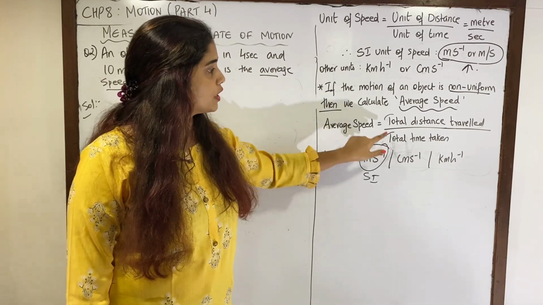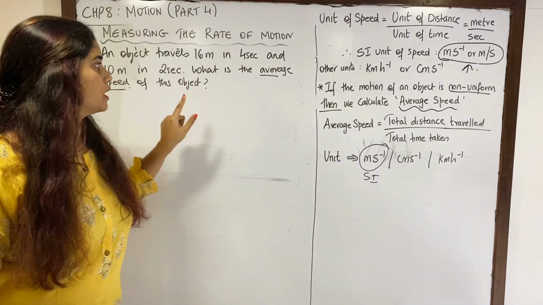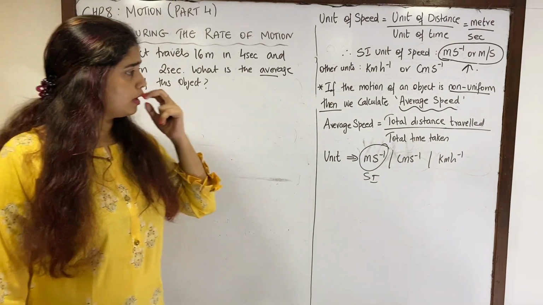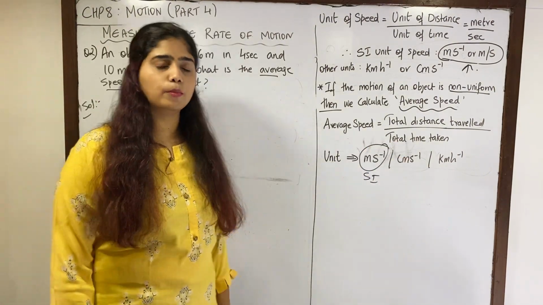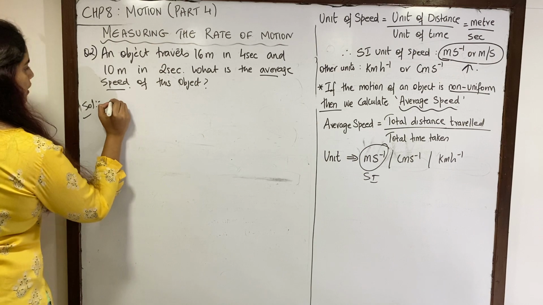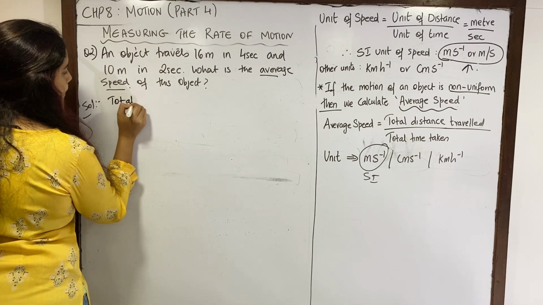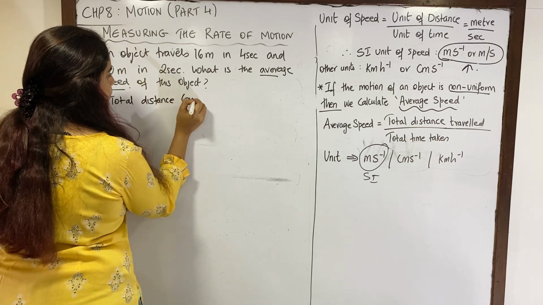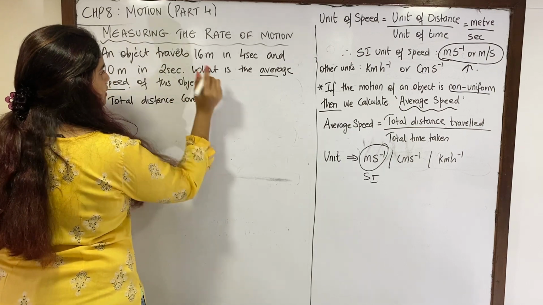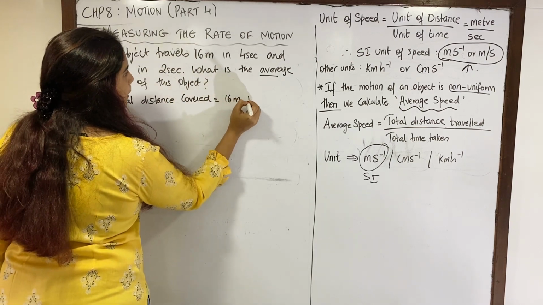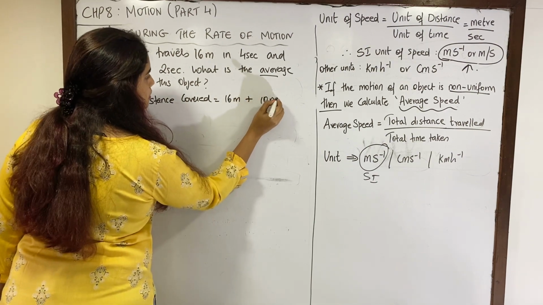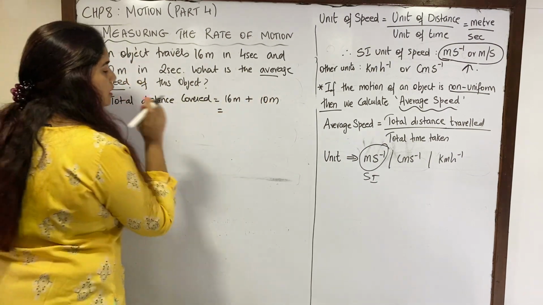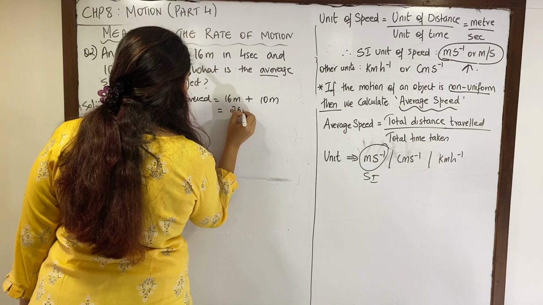So first let us calculate the total distance that this object is taking to cover, and then let us calculate the total time. Okay. So first we need to find out the total distance covered, and that is 16 meters plus 10 meters, and 16 plus 10 meters is how much? It is 26 meters.